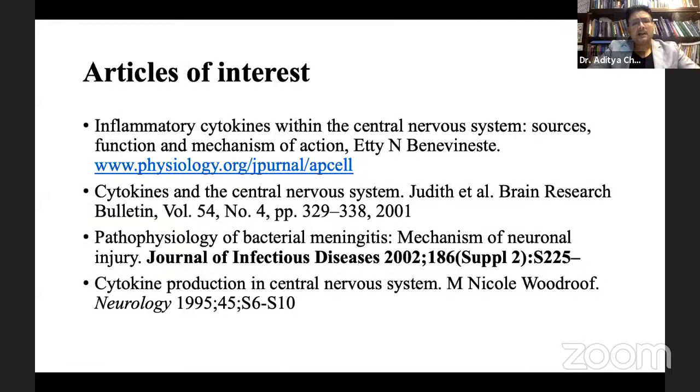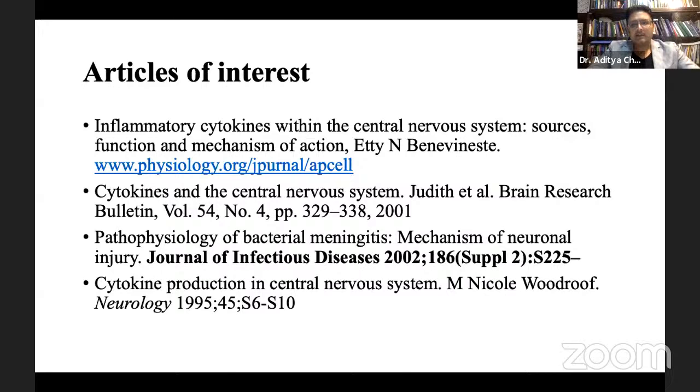These are the articles of interest which the students would find useful to read during the preparation. Most importantly, I have not included one article because I found it very recently, maybe 2 hours before this presentation. There was an article from PLOS, which is what the last slides I showed were based on, where cytokines are useful in discriminating patients of infectious and non-infectious etiology.